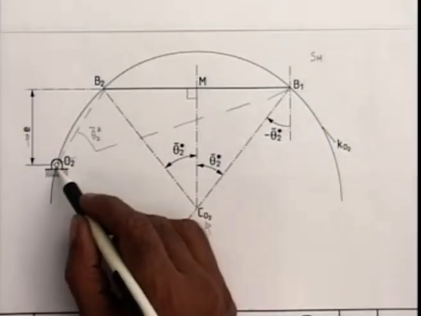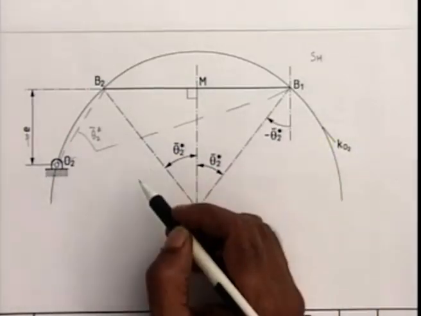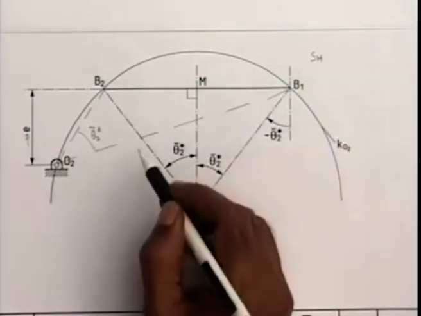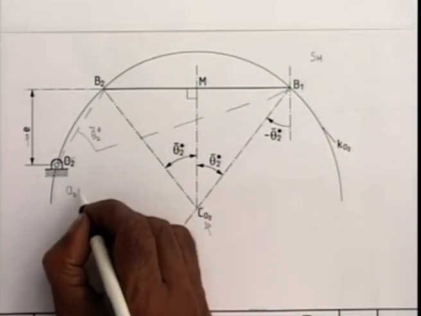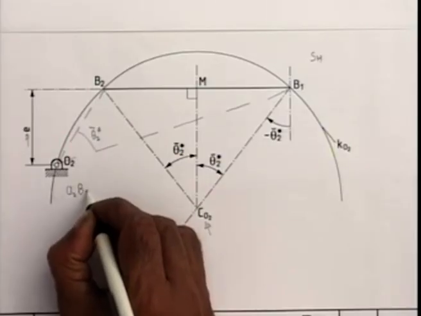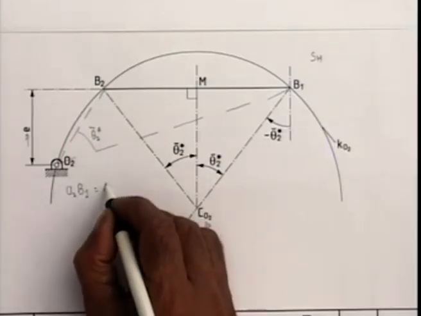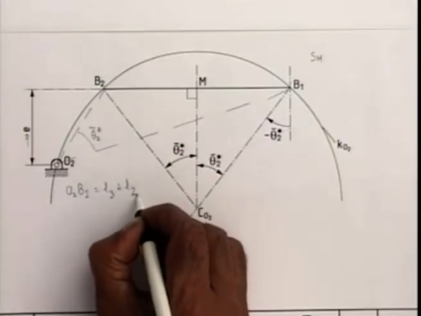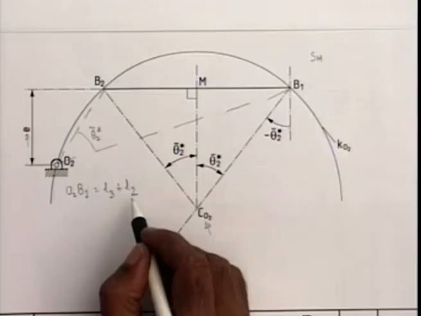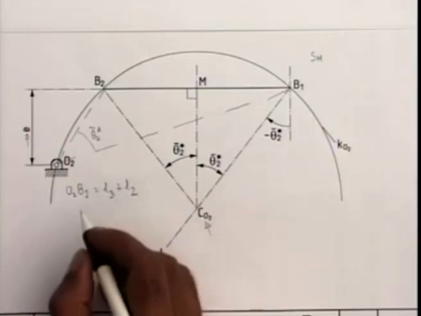Once I have obtained the crankshaft O2, I can easily find the connecting rod and the crank length, because O2 B1 at the outer dead center is nothing but L3 plus L2, where L3 is the connecting rod length and L2 is the crank length.